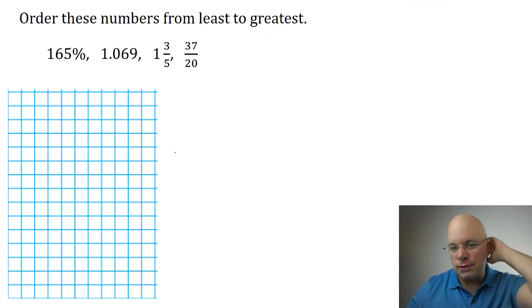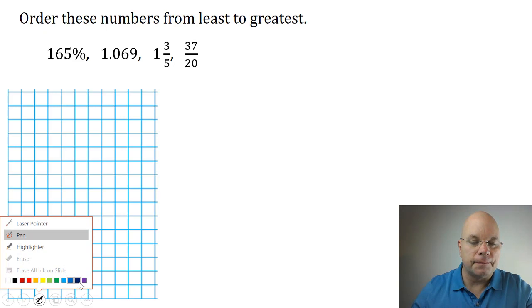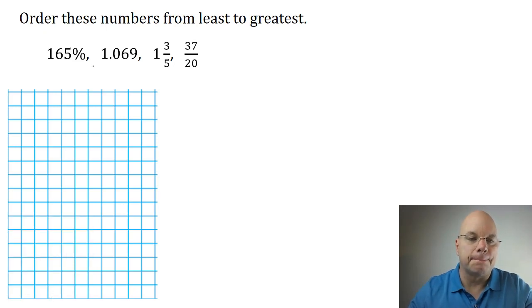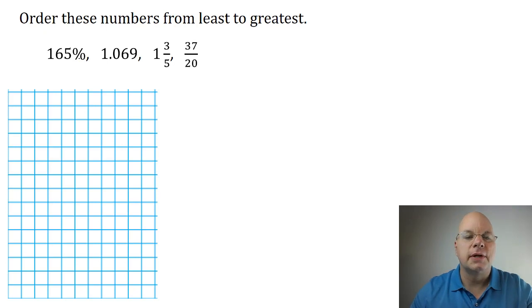And this one's a little bit harder because they're not all in standard form, but on the next video, or in the section where we're converting rational numbers, we talk about converting fractions to decimals, decimals to fractions, percent to fraction. And so oftentimes, not always, but oftentimes in a situation like this, it's going to be easiest to convert these all to standard form, so convert them all to decimals.